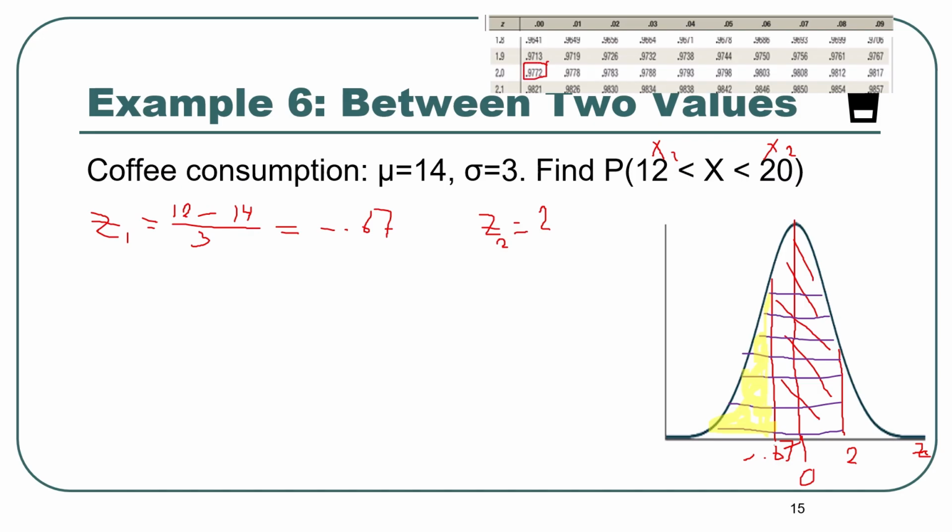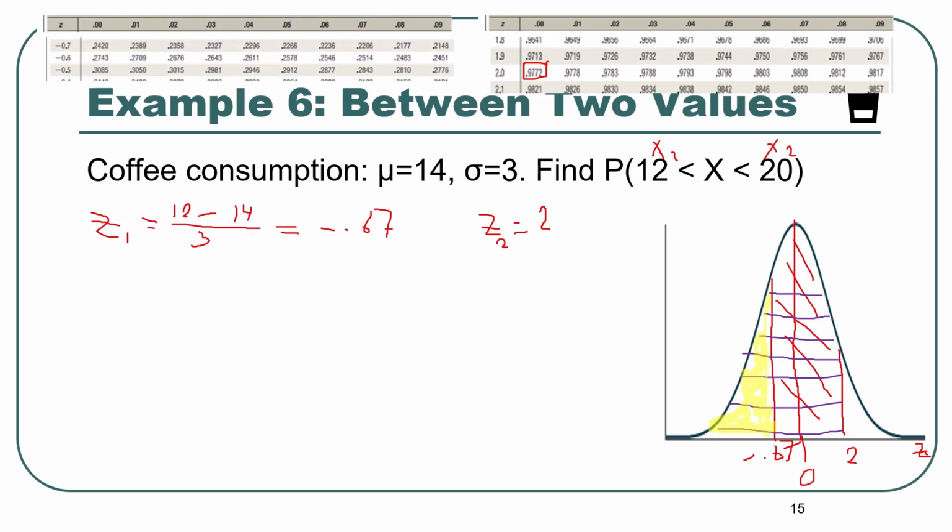This is my purple area, and the other one is associated with minus 0.67. Here is minus 0.67. Here is minus 0.6, and I go across my table until I hit the column labeled by 0.07. So this is the value. This is the yellow area.